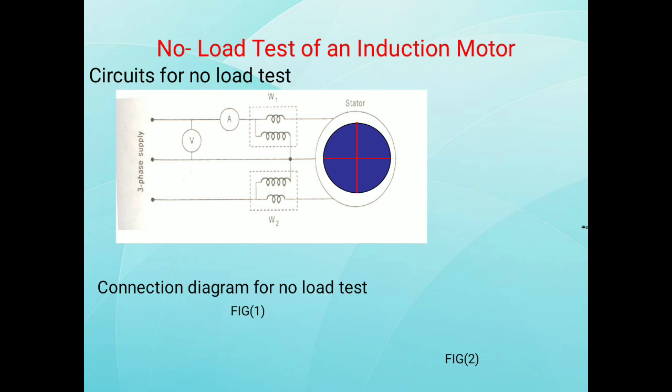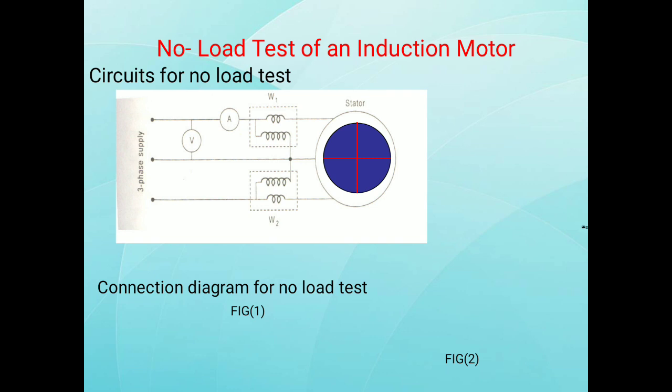The ammeter is connected in series, that shows the load current. Wattmeter W1 consists of a current coil in series with the load, and a pressure coil or potential coil in parallel across the two terminals.